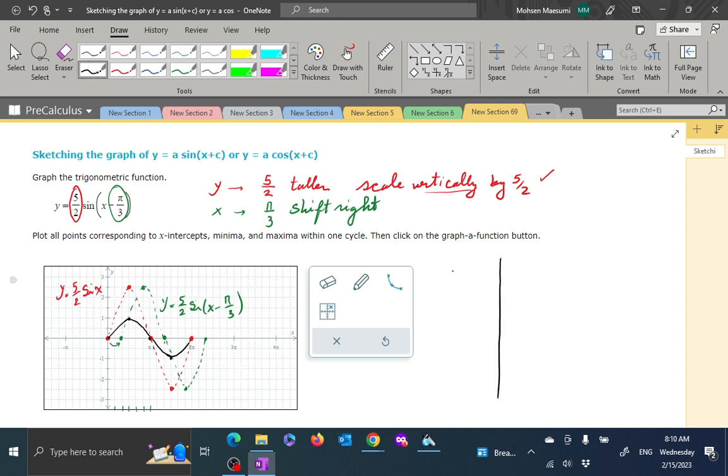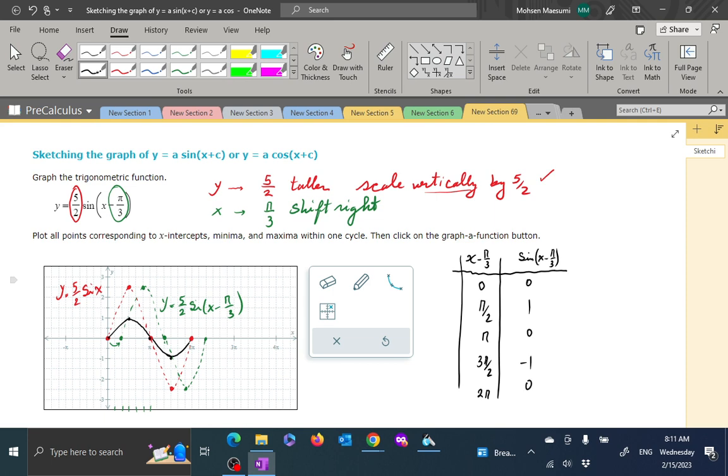We say, okay, let's start with the input of the function, which is x minus pi third. And then we are calculating sine of that quantity, x minus pi third. Okay, so we go through our favorite angles, that this quantity, if it is 0 or pi over 2 or pi or 3 pi over 2 or 2 pi, then this column will be simply 0, 1, 0, minus 1, 0.